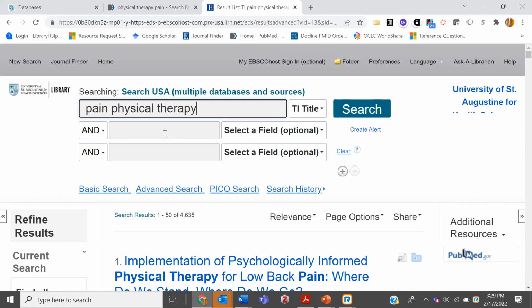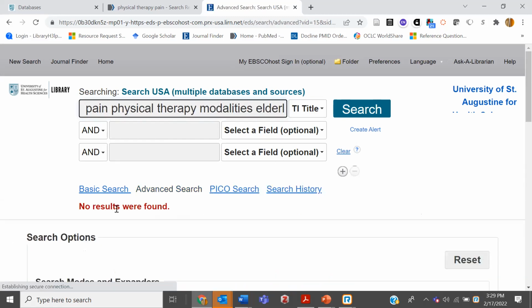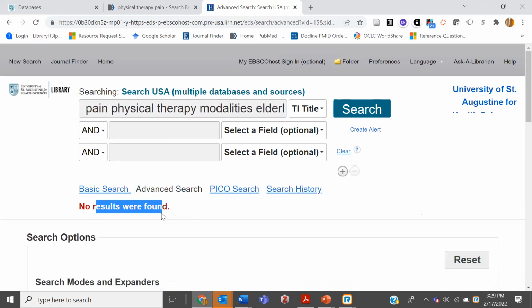They might say, I am interested in physical therapy modalities for pain in elderly men with lower back pain, and they get overly specific, and boom, they've got no results.